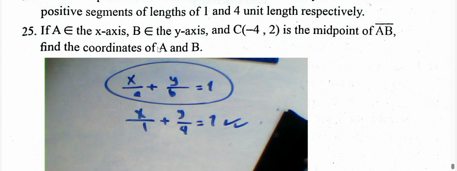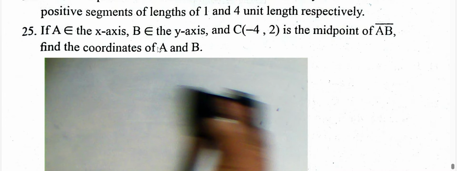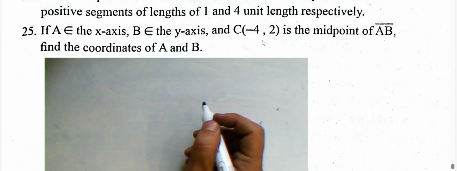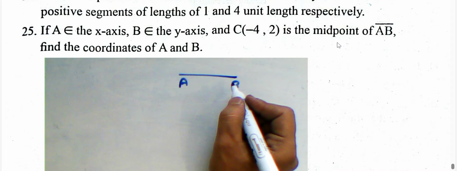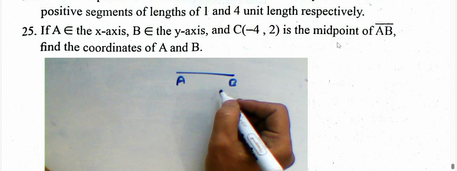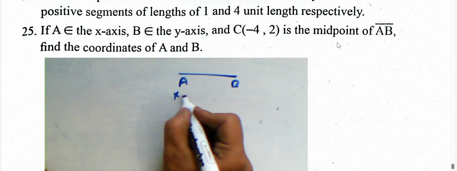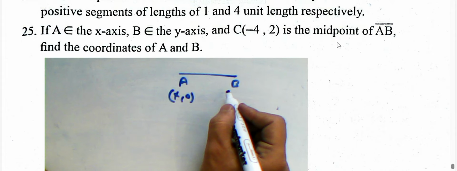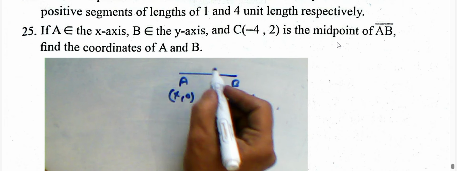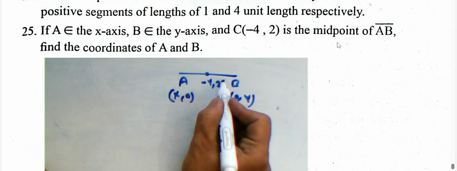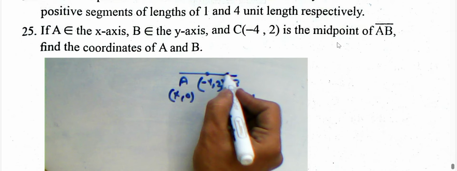Next question, number 25. If A belongs to the x-axis, B belongs to the y-axis, and C is the midpoint of AB. A belonging to the x-axis has coordinates x and 0, and B belonging to the y-axis has coordinates 0 and y, and C is negative 4 and 2, the midpoint between them.